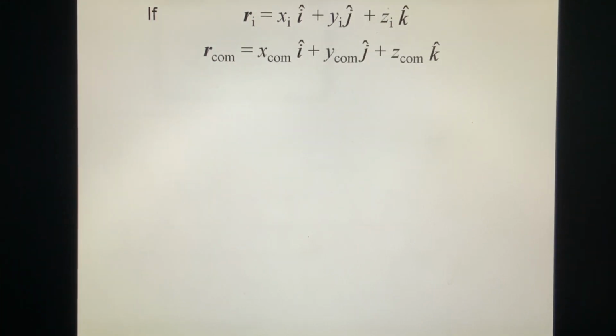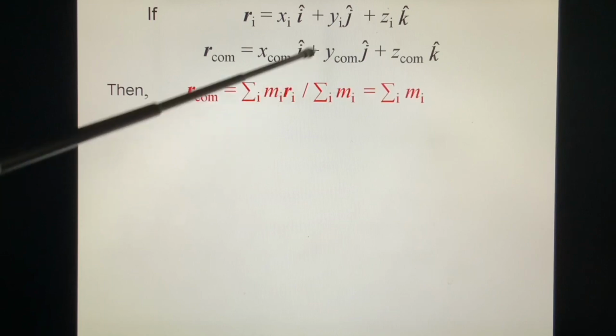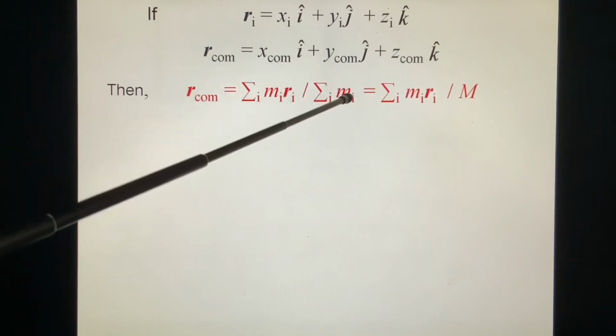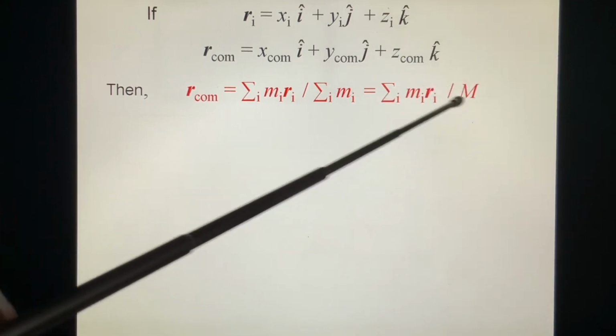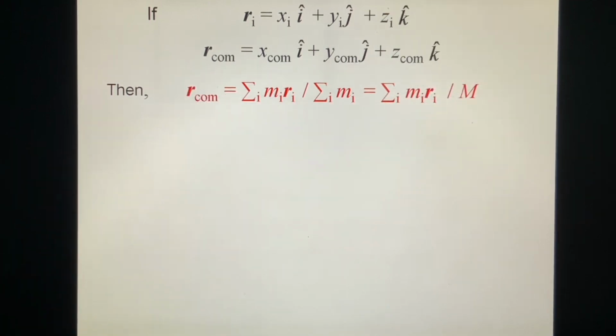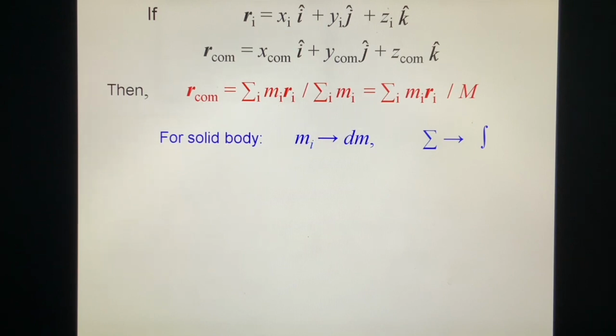Based on the above definition, we have R equals sigma mi ri over sigma mi, and sigma mi equals the total mass of the system. Furthermore, if it is not separate masses but a solid body, we cannot separate one mass from another.